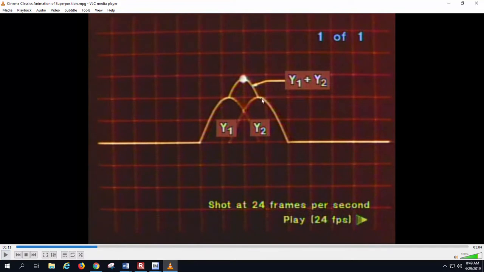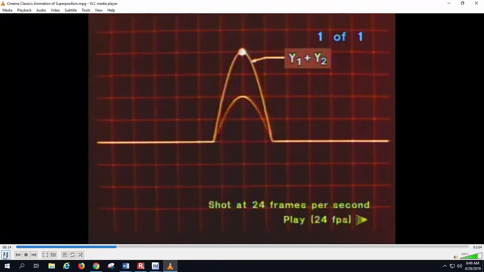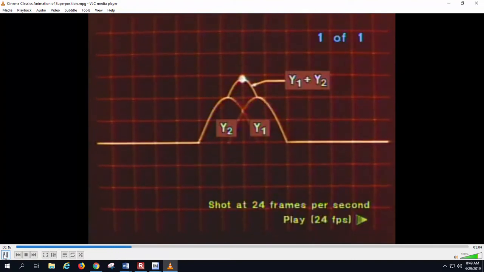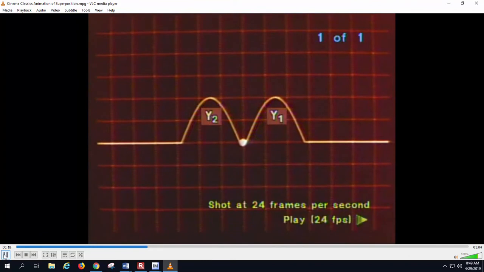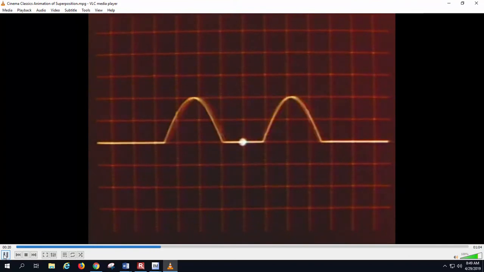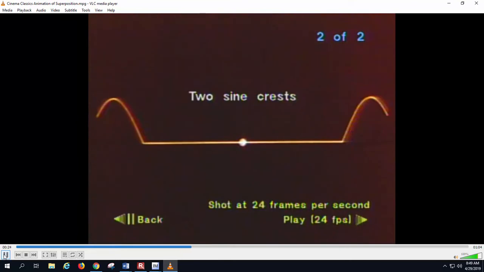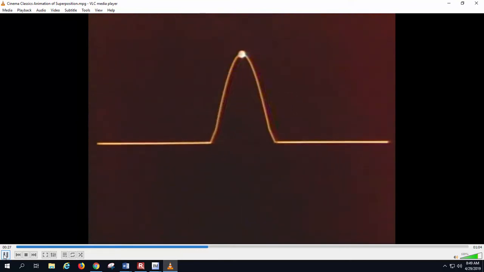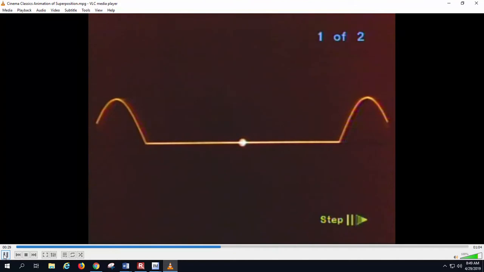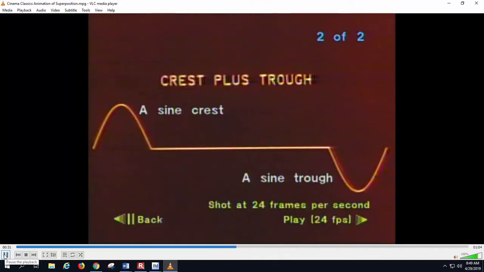If you take this part of this wave and add it to this part of this wave, you're going to get that height. But when they're directly over top of each other, you get that, right? Again, they will travel through. Now what's going to happen?